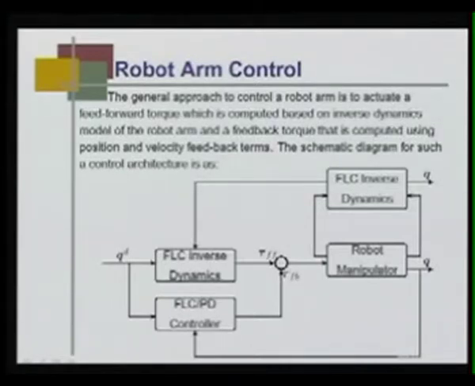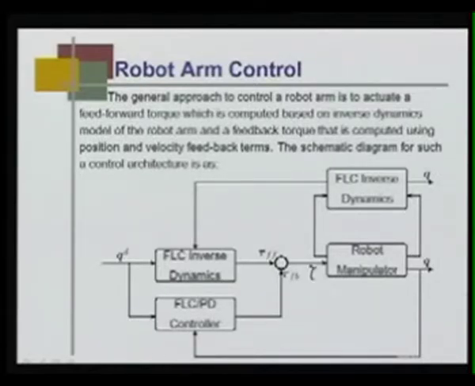What you are seeing here is a robot manipulator. The normal approach to control a robot arm is that I have an inverse dynamics block which, given the desired trajectory, gives me the feed forward torque, and using the actual output feedback, I have a PD controller whose output is tau feedback, and this is the total tau.